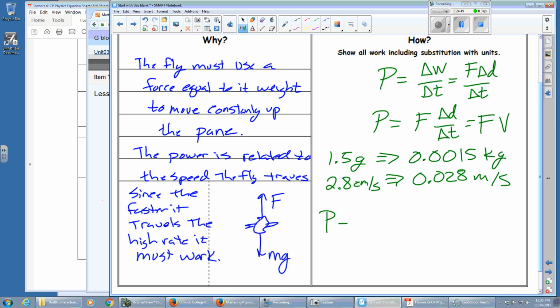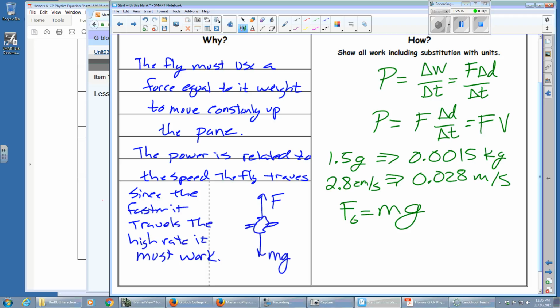And then I'm going to put those in, so my force is going to be that fly's weight, right? Oh, you do all those problems at the bottom, that's weight, right? The weight is m, the mass, times the gravitational field strength.